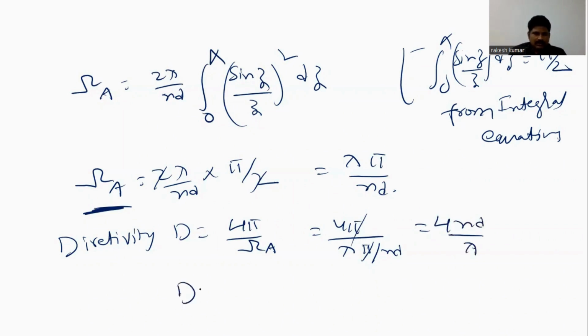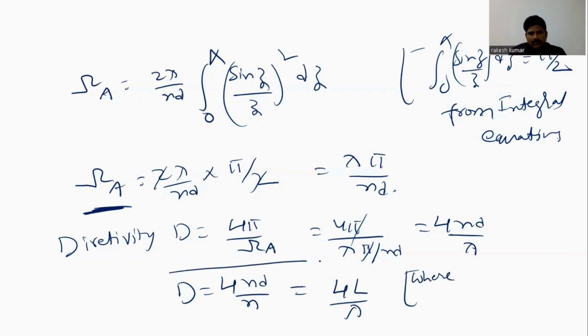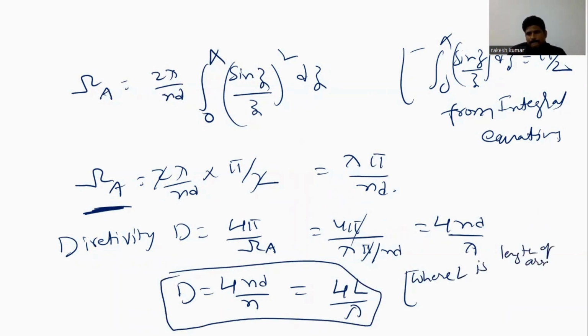So directivity is equal to 4 n d by lambda, where n d can be replaced with L. So 4 into L by lambda, where L is the length of the array, L equal to n d, which is applicable when n is large. Therefore the directivity of the broadside or end-fire array is 4L by lambda.